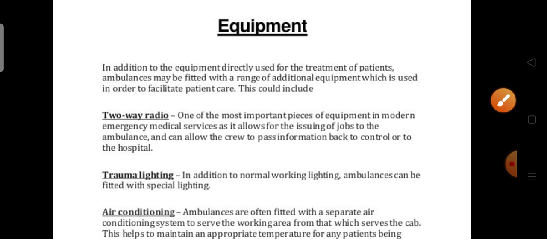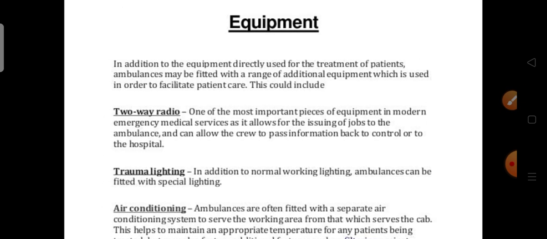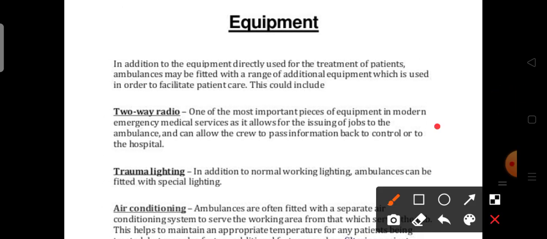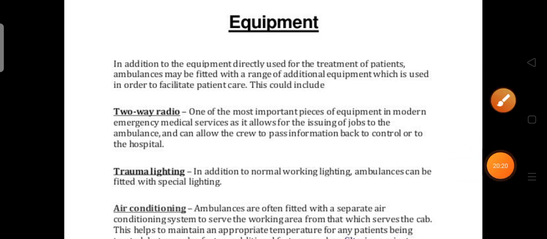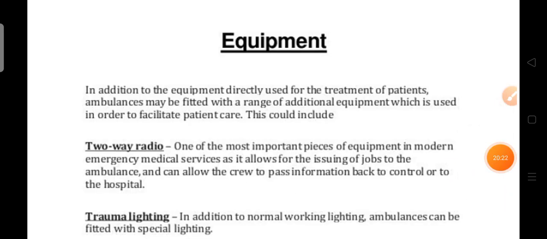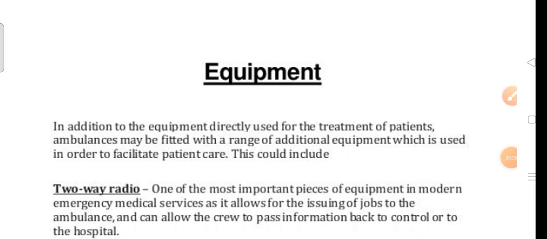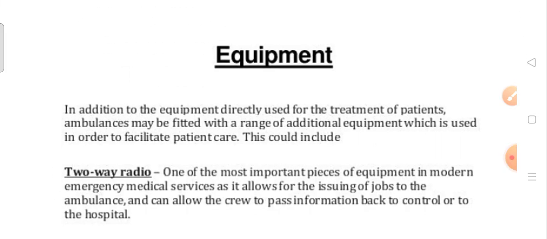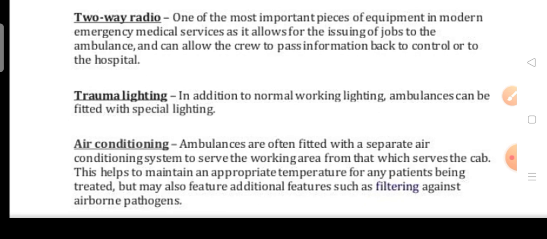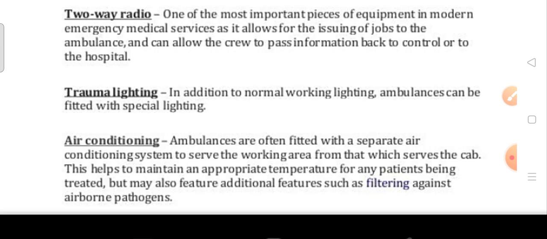Next, coming to the equipment. What type of equipment do we need? In equipment, what type of equipment is required in ambulance services? Here the following types of equipment are needed.